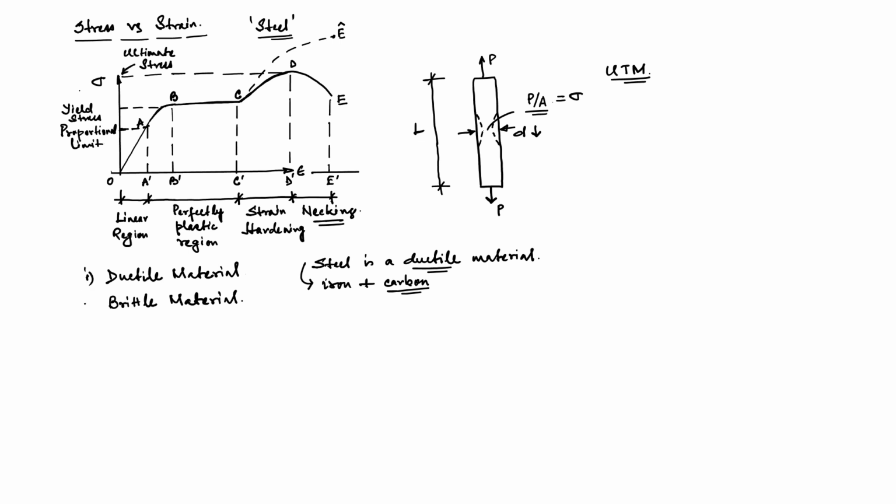So, depending upon the stress strain behavior, material can be of two types, ductile or brittle. Now, for brittle material, if we plot the stress strain curve, how will it look?